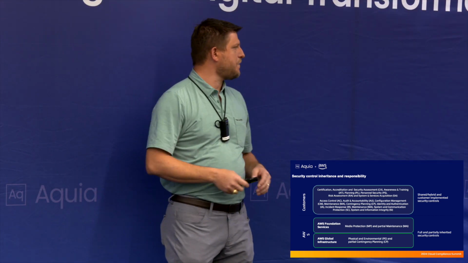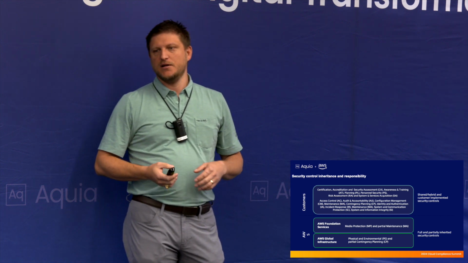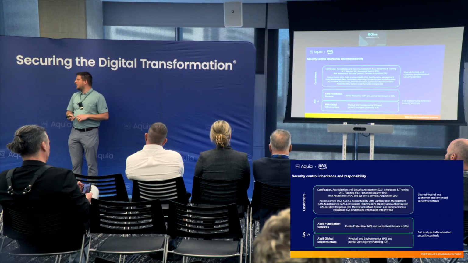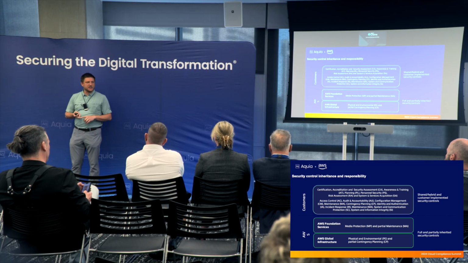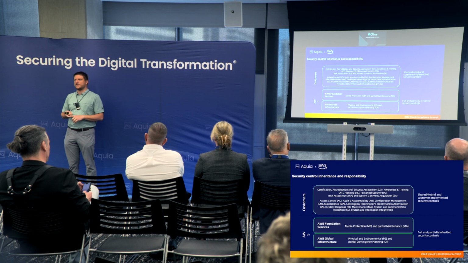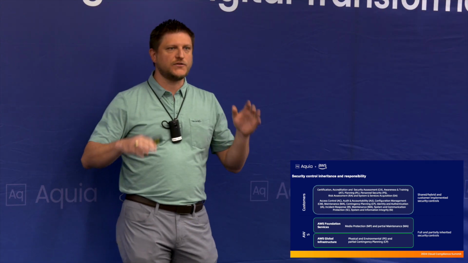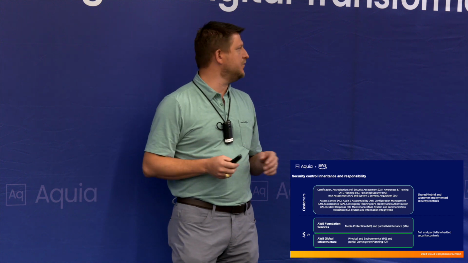But in general, the things you'll be looking at as a customer are encryption at rest, encryption in transit, and identity and access management policies. Who has access to the data? What are the data flows within a system? All of those things you need to do in order to maintain that.